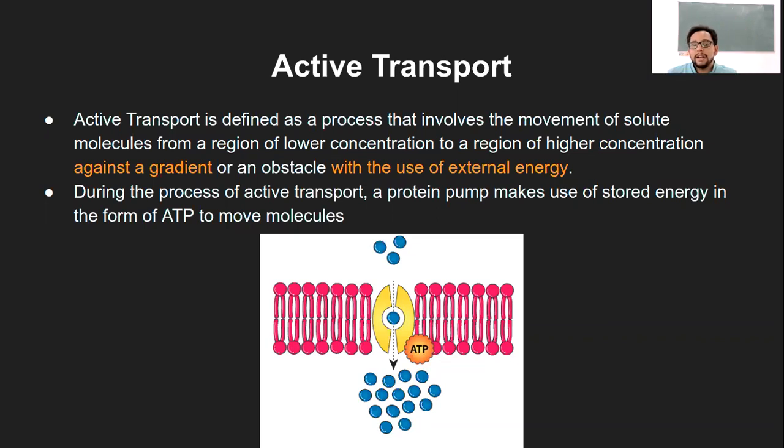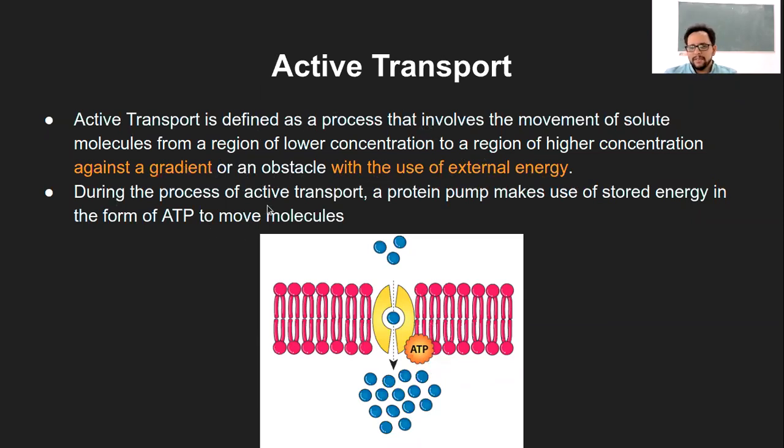There it does not need any energy. But when it is against the concentration gradient, that is from lower concentration to higher concentration, against the gradient or as an obstacle, that will require certain external energy. Usually this energy in the cell is in the form of ATP, and that you are already aware of. So that is active transport.